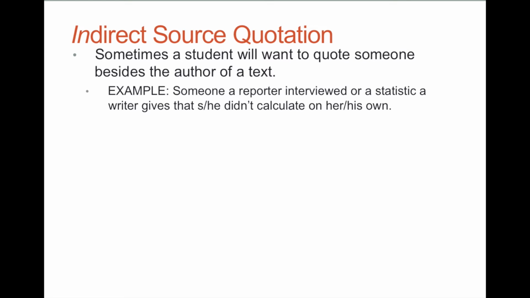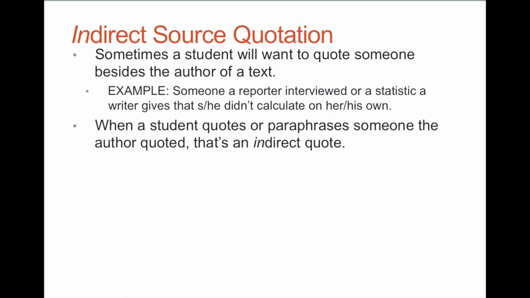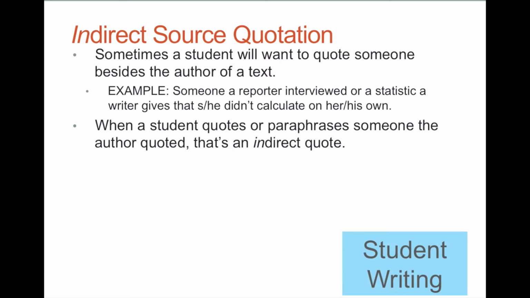Now, sometimes you might want to quote somebody else that is not the author of a text. An example might be a reporter who interviewed someone else and put that interview in their article, or a statistic that a writer might give you that he or she didn't calculate on his or her own. And sometimes when you do quote someone who the author has quoted or paraphrased, that's when it is called an indirect quote.